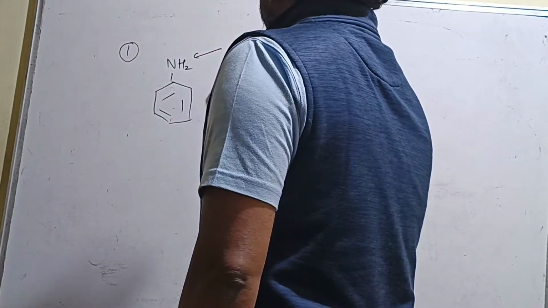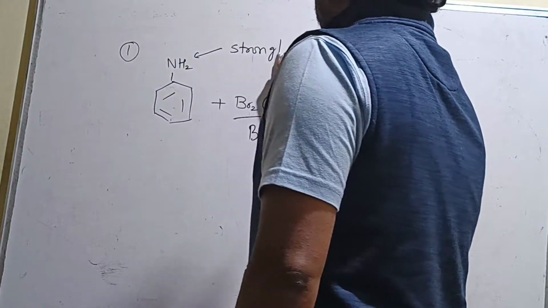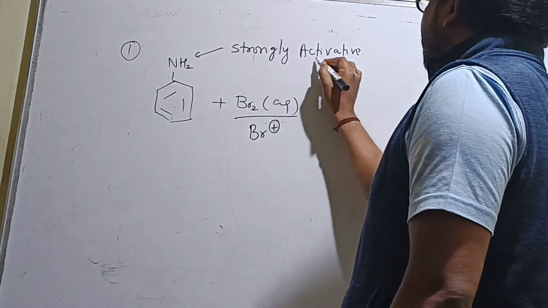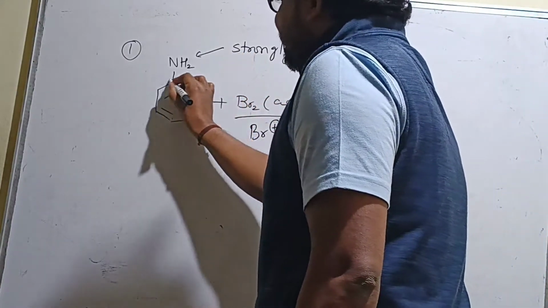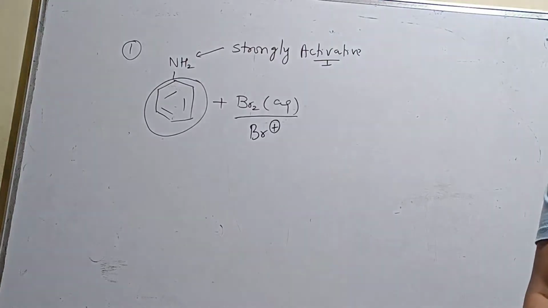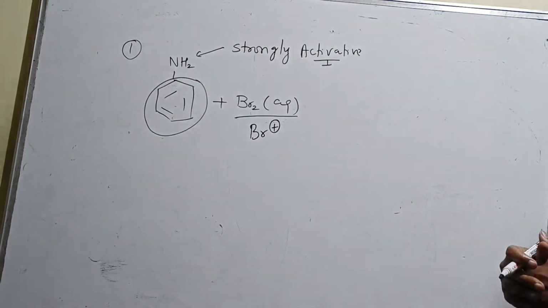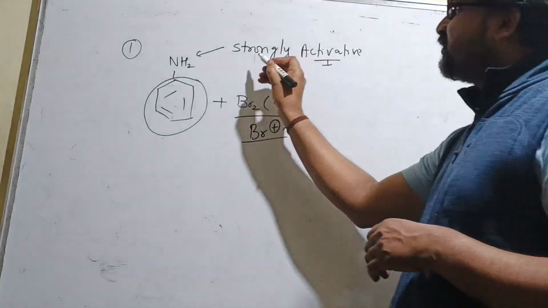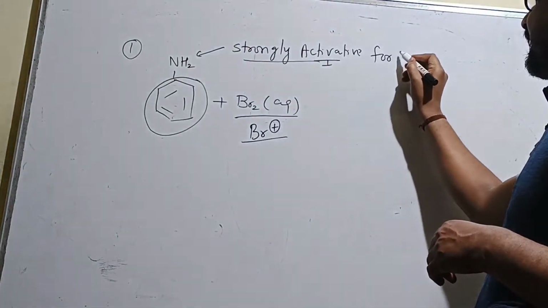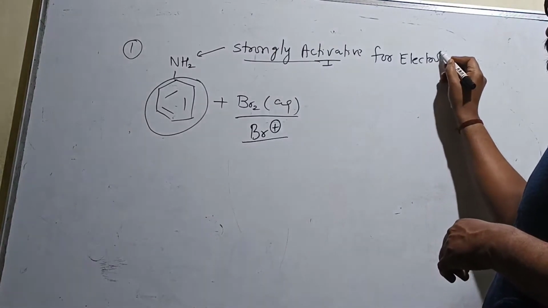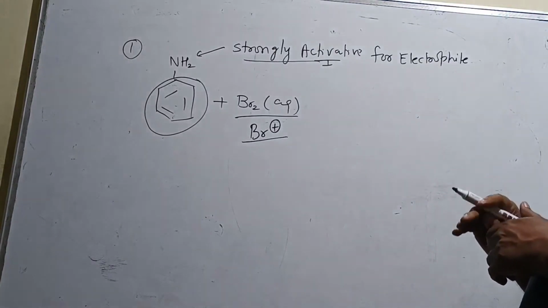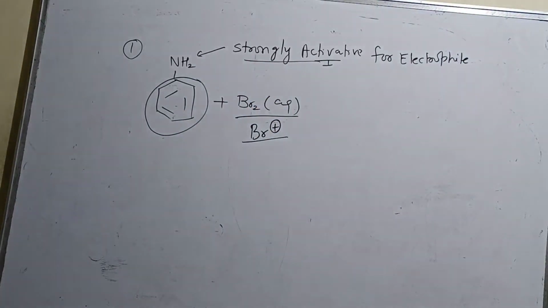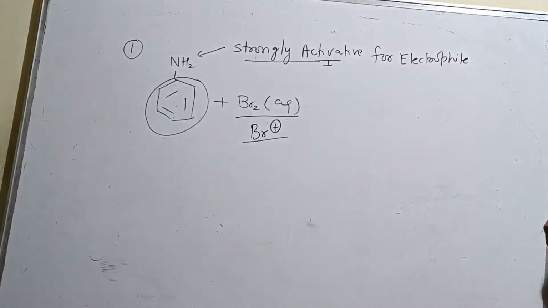and NH2 is a strongly activating group for an electrophile. What characteristic reaction are we talking about? The characteristic reaction we are talking about is electrophilic substitution, and hence it is a strongly activating group for electrophiles. Many times you need to understand that the NH2 group is strongly activating for electrophiles and strongly deactivating for nucleophiles.